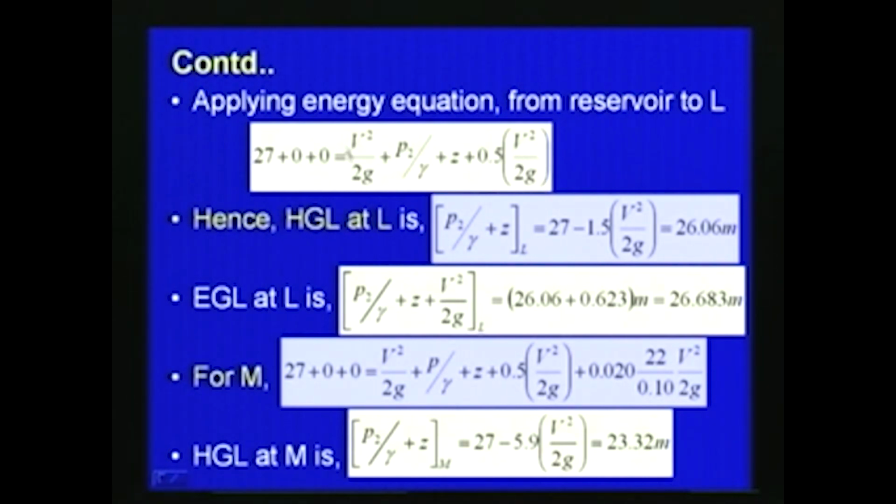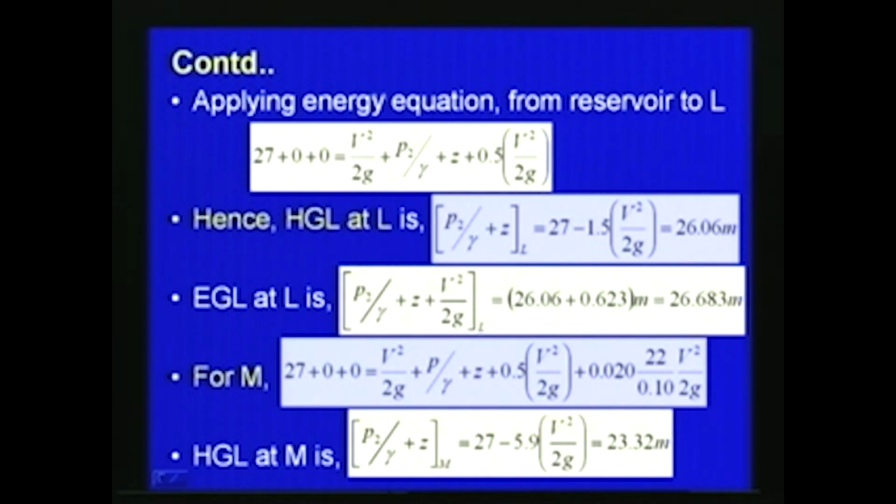Now from this we can get the HGL at L, that means the hydraulic gradient line at L. We can take P2 by gamma plus Z as 27 minus 1.5 V square by 2G, that is equal to 26.06 meter. Thus, HGL at L is equal to 26.06 meter.